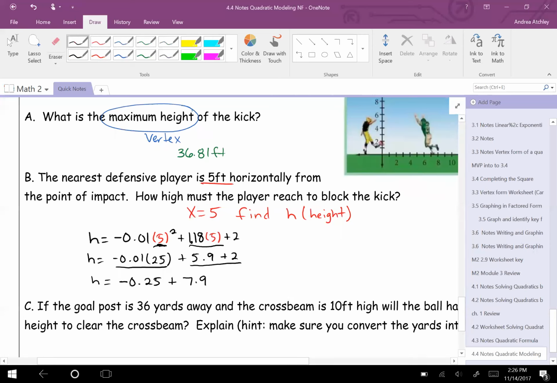Then I'm going to subtract those two, and I'm going to get h equals 5 point, not 5. Ooh. Let's try that again, because I clearly put that on my calculator wrong. That gives me 7.65.